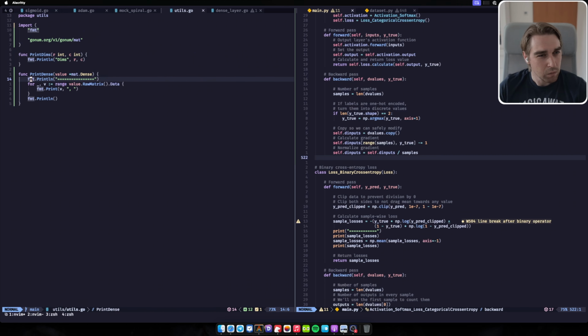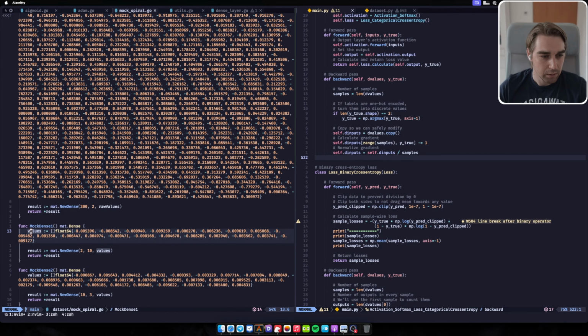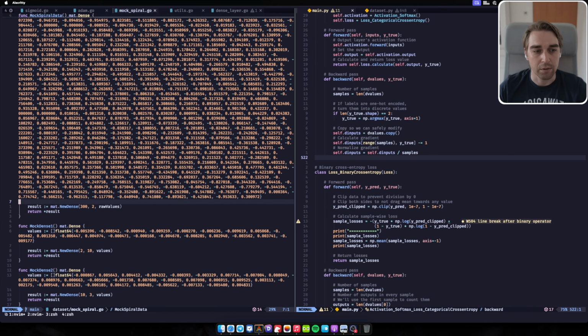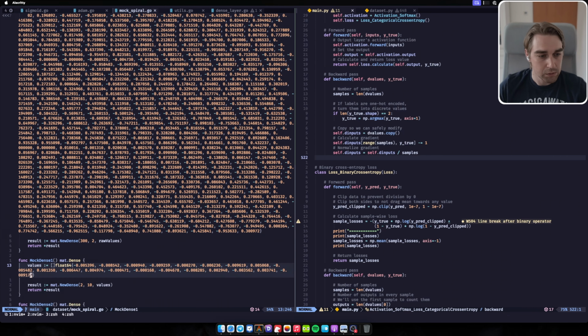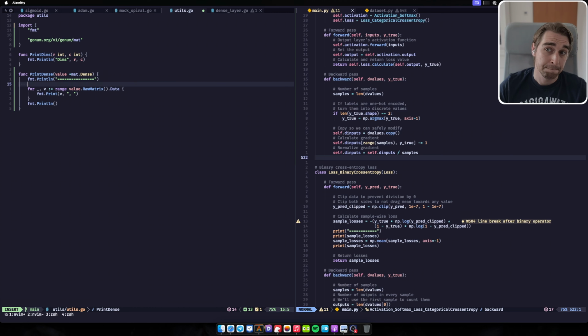And I actually want to do it in a different way. If we take a look right now at how the mock data looks, it's basically the declaration of the variable, its values equal to float64 and some numbers inside. And what I can do is generate this string.